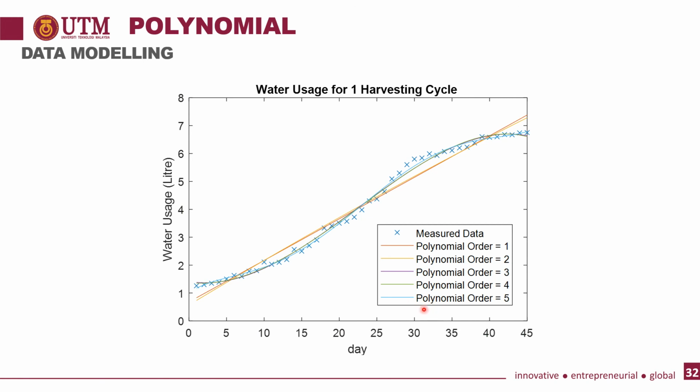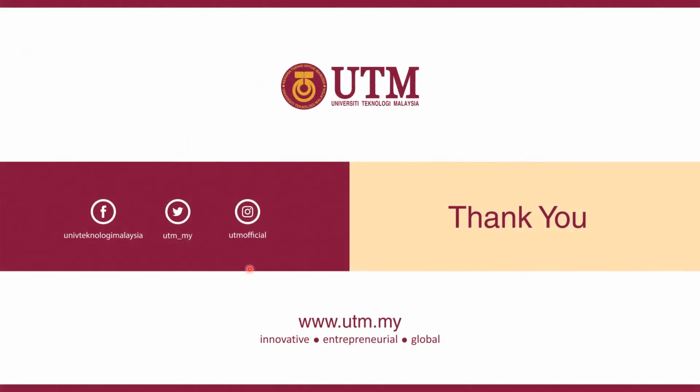You can see here the most accurate is order 5, but order 3 is only slightly less accurate. The accuracy difference is only slight, so it is acceptable.